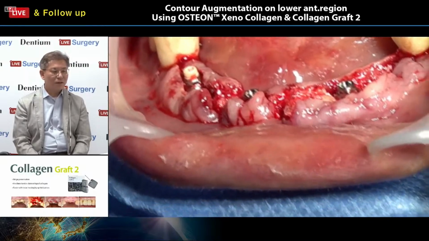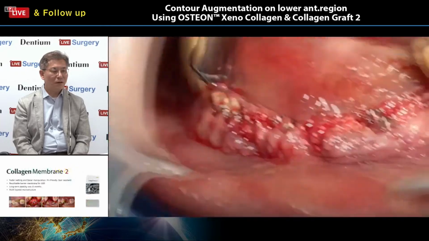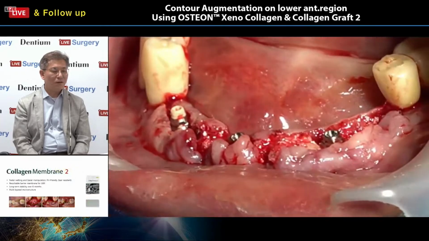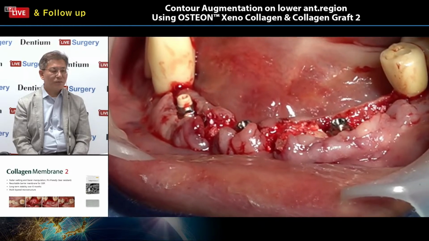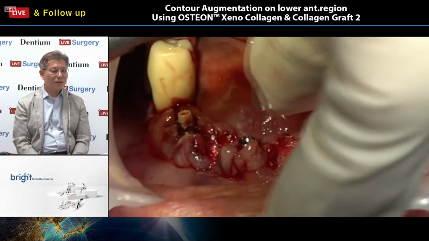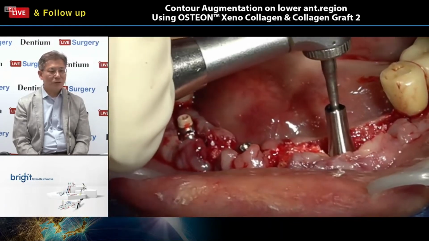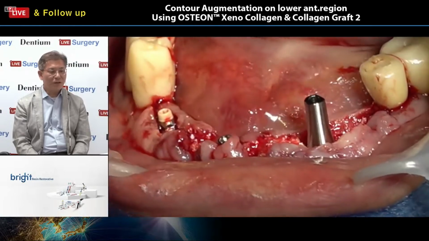Okay. A very simple alveolar ridge preservation using Osteogen collagen, the brand new biomaterial from Dentium company.